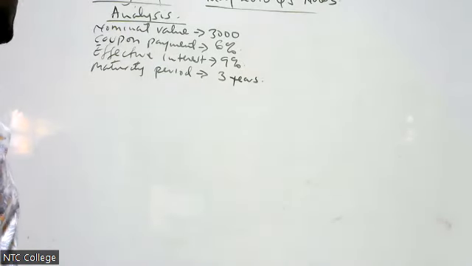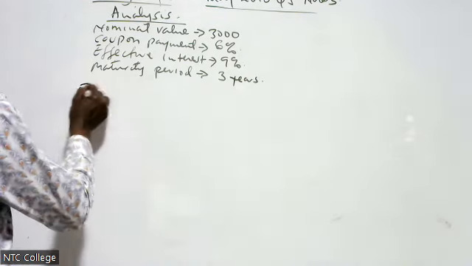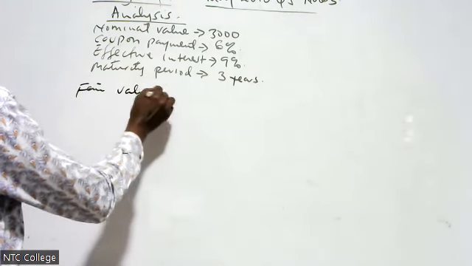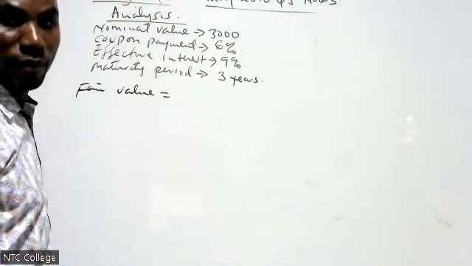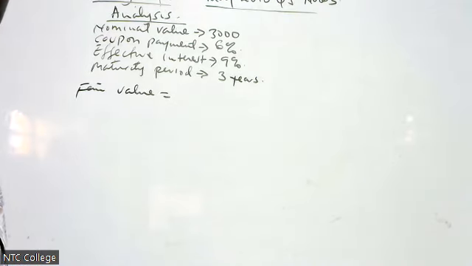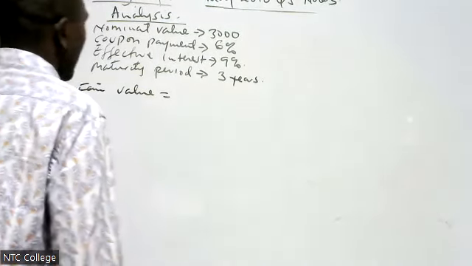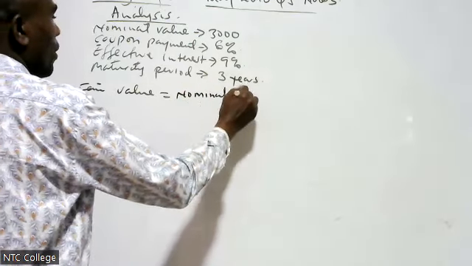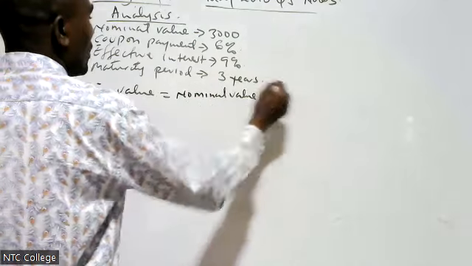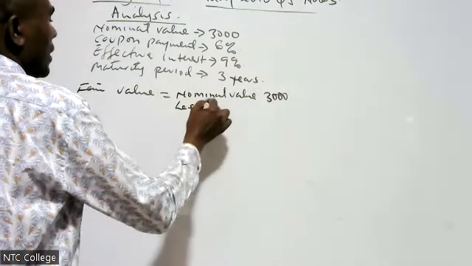Therefore, this is a convertible bond and I need to get the fair value. How do I get the fair value? Somebody shared the question, May 2018, question number 5, note number 3. We are just doing a note in that question. It's a very good one. For fair value, you take the nominal value, which is 3 million, less discount.